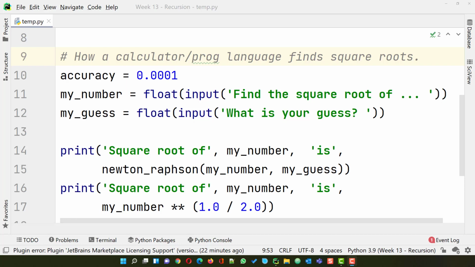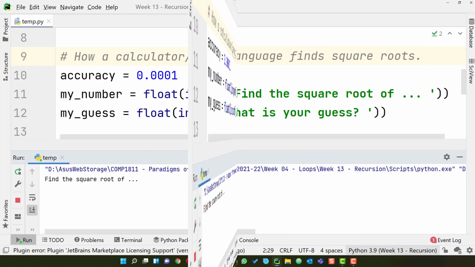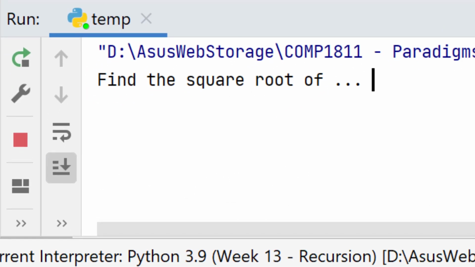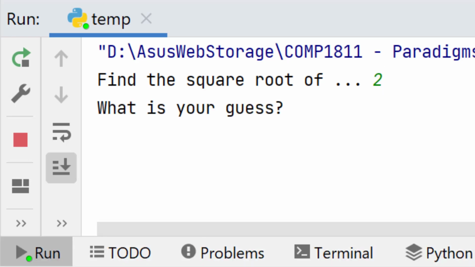So let's run this program. As you can see, it's asking me which number I would like to square root. I'm going to type in 2. And then it asks me what my guess is. I've got no idea what the square root of 2 is, so I'll assume that it's 1.